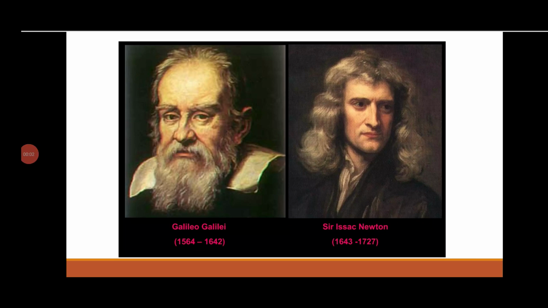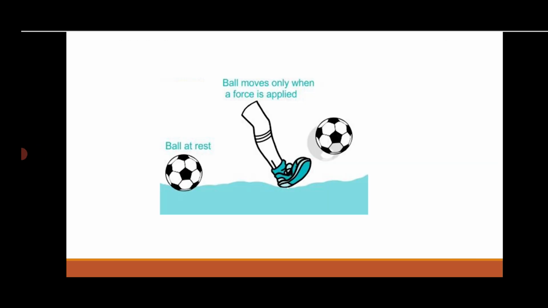Now, observe the image of the ball lying still on the ground. Is it moving? No, it is not moving. This state is known as rest. When does the ball move? Correct. When we apply a force, the ball moves from its state of rest.